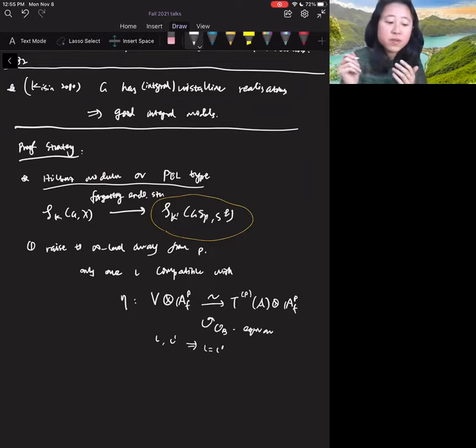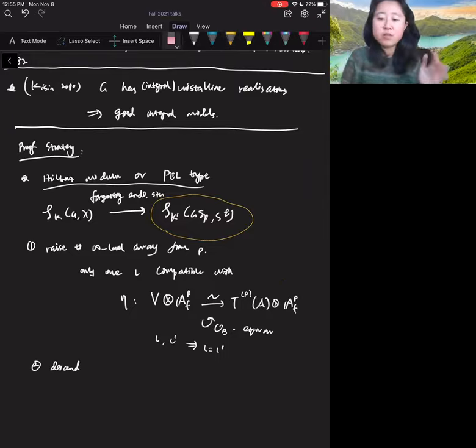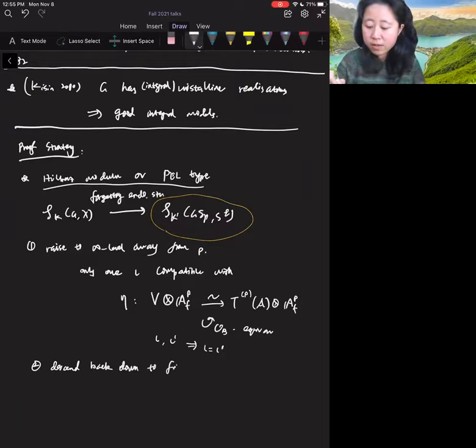Okay, and that's at infinite level. So now we just need to descend it. Oh, also this only tells you that it's a closed embedding on the level of points, but you need to show that the morphism is proper, and there you need to do some algebraic geometry basically. And then you just need to descend it back down to finite level.